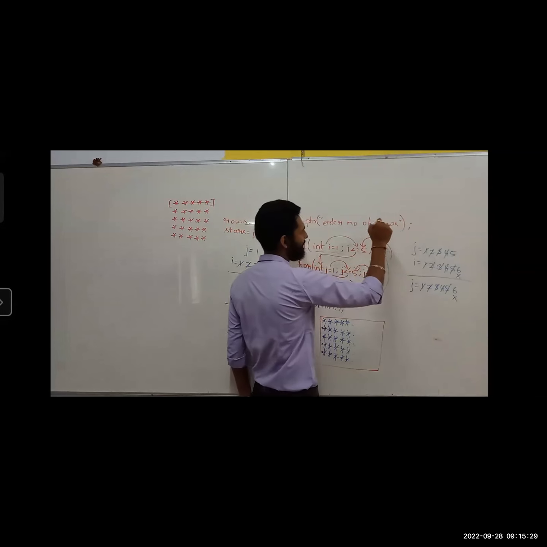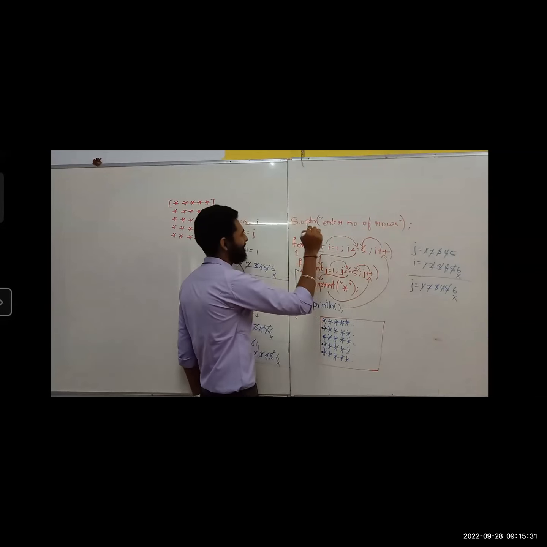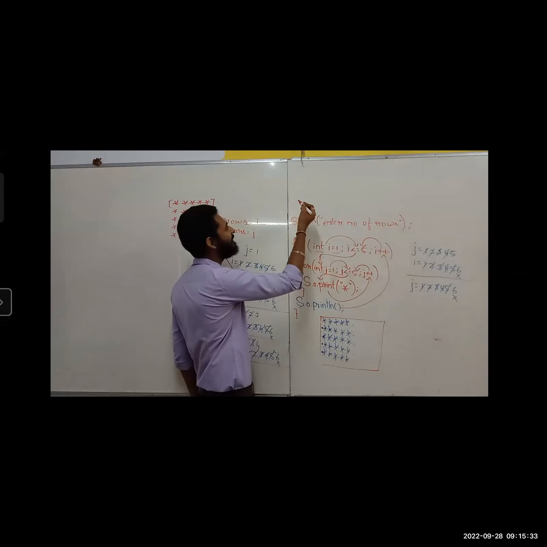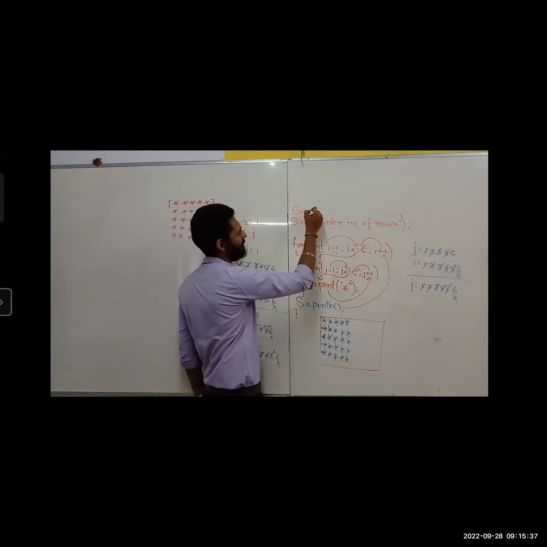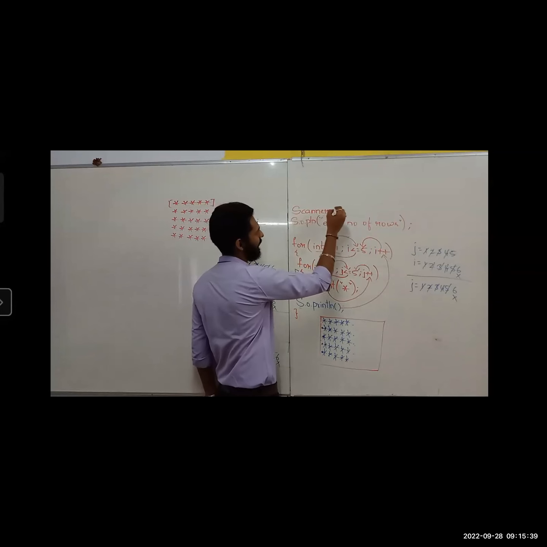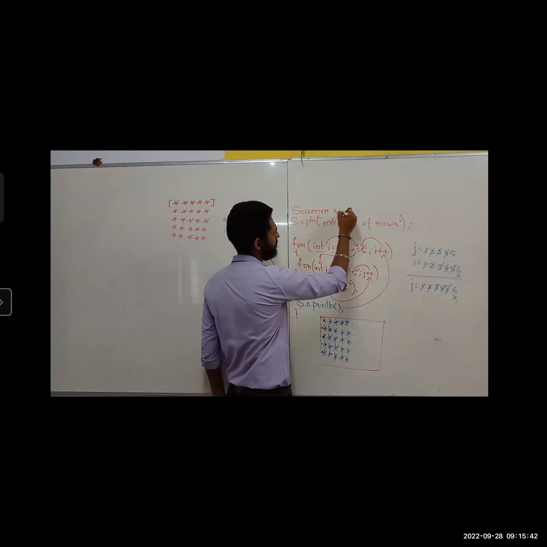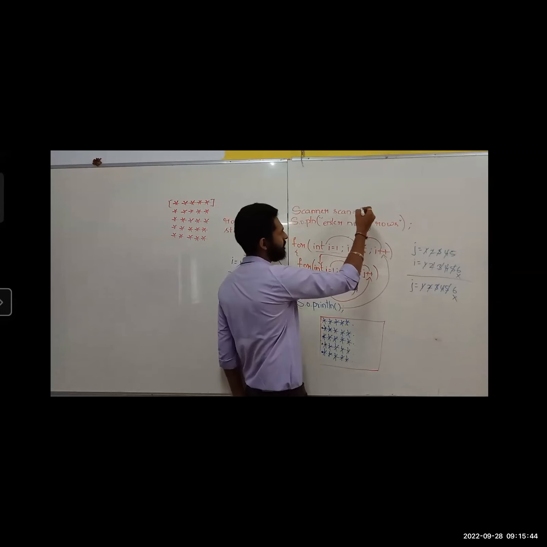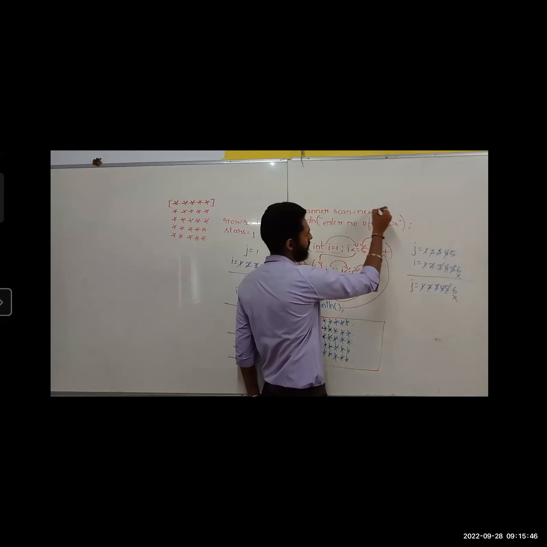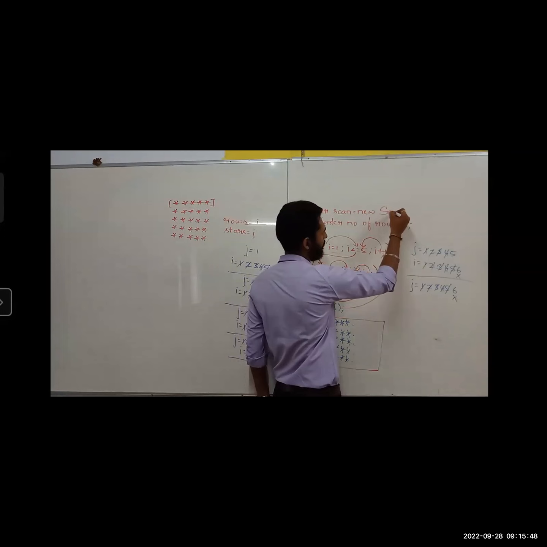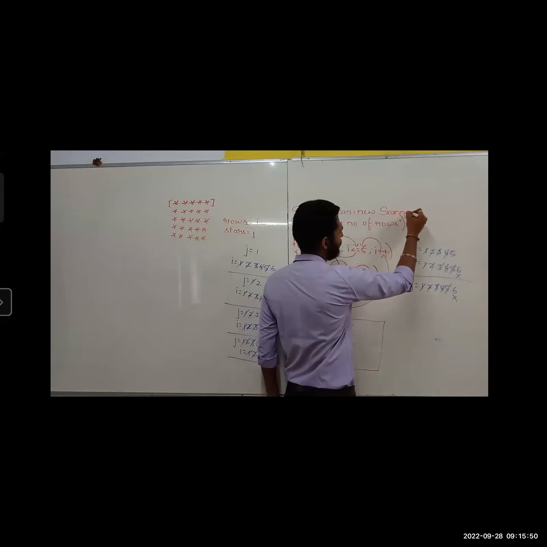Should I write slash n? Fine. But if I write, will it work? Anyone checked any day? It will work. Scanner type. I think all of you know this one. Is there any batch for which it is not done?